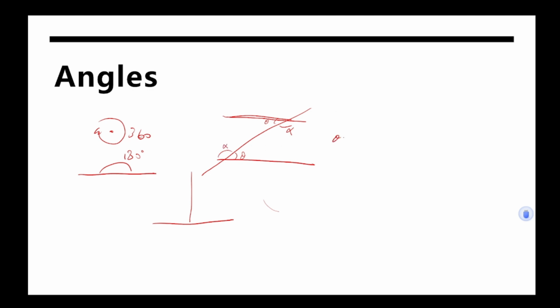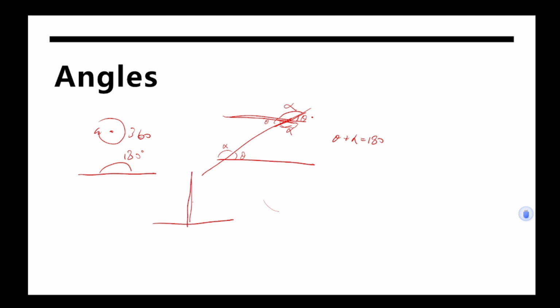And we know that theta plus alpha equals 180. We can also say that here is also theta, because here equals 180, theta plus alpha equals 180, and this angle equals 180 minus alpha, which is theta. Thus, here is also alpha.